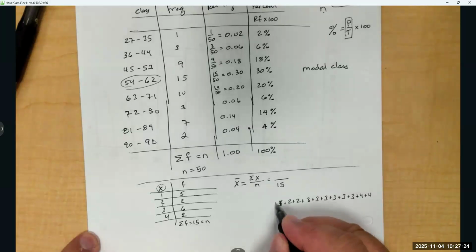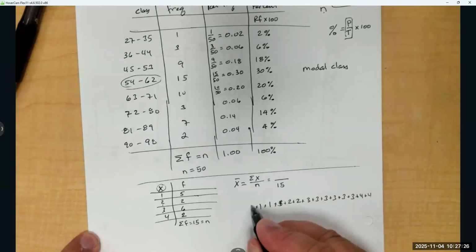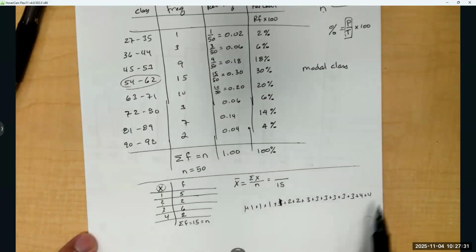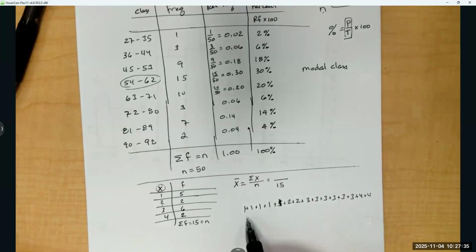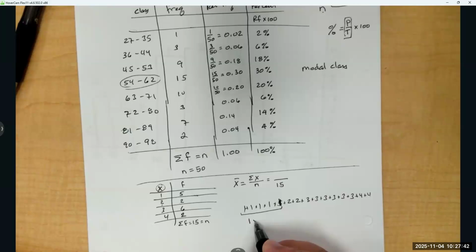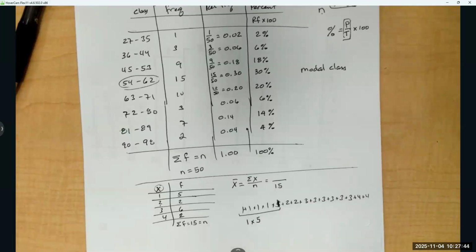I'm sorry, this is 1, 2, 3, 4. We're supposed to have 15 pieces of data. So instead of having 1 plus 1 plus 1 plus 1, that's addition, I can go 1 times 5.